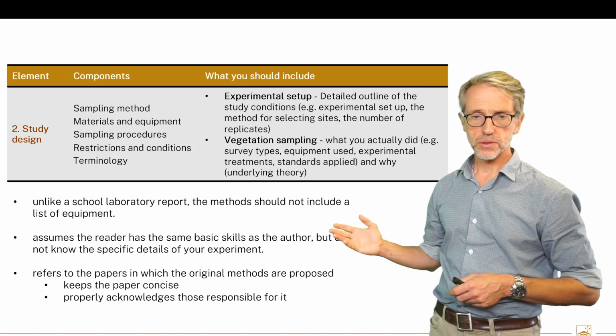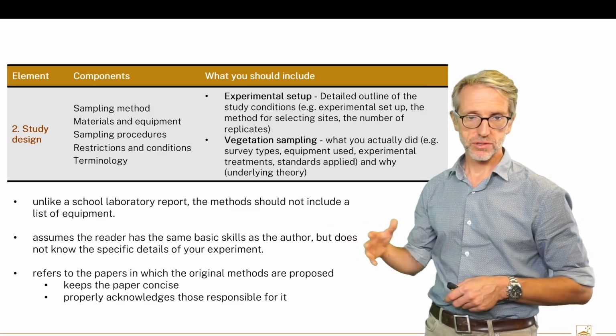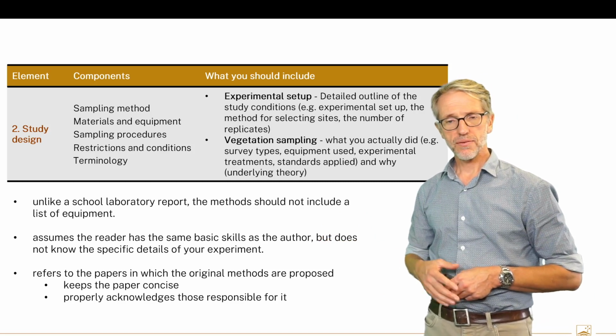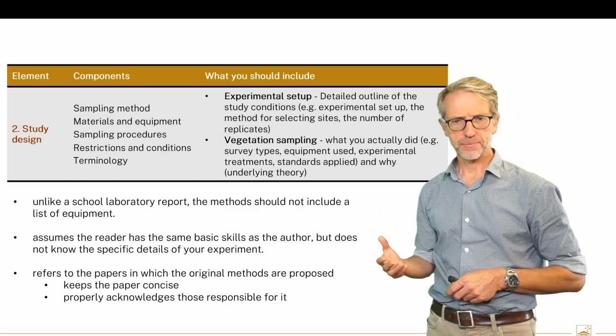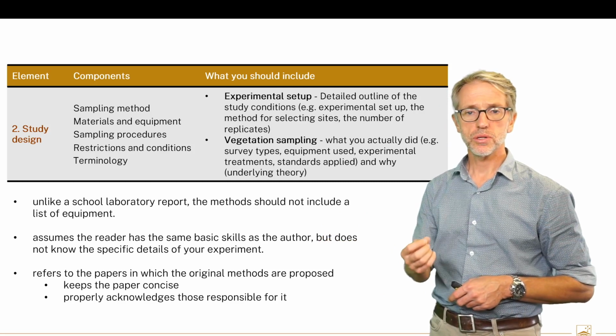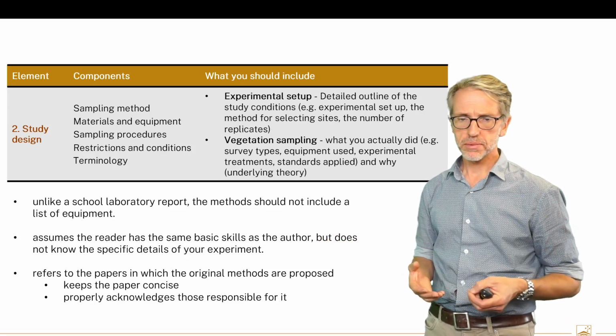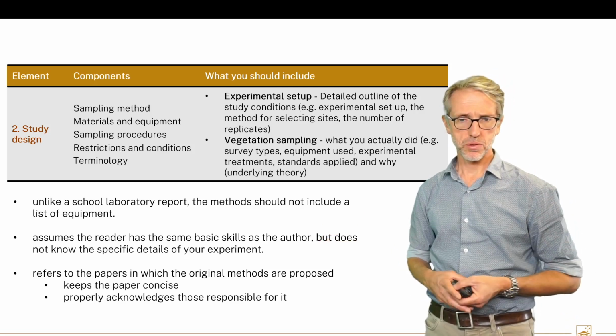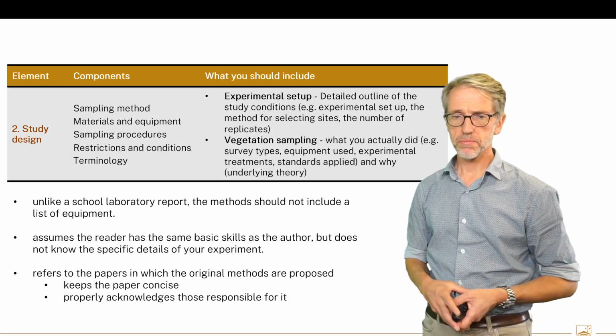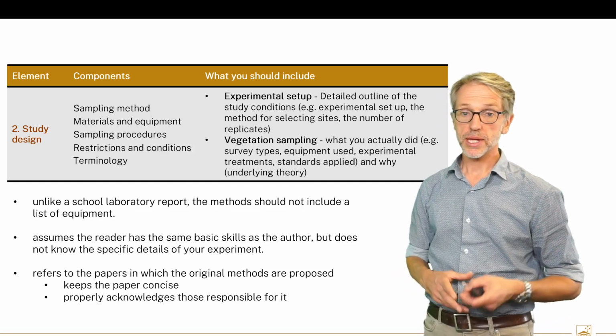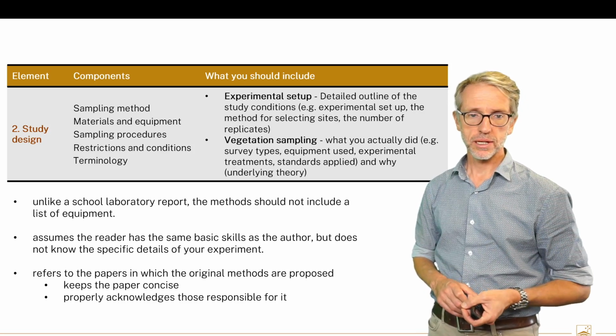You should never include a list of equipment, for example. Never have dot points. Never have basically a recipe book. You are describing exactly what you did. And basic elements like the type of equipment you used, when it's just routine equipment, well, that doesn't come into it. And never, ever a list.